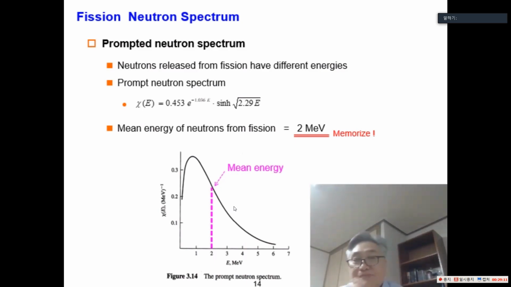So for the fission case, the average energy of fission neutron is 2 MeV, and we will use 0.0253 eV neutron. So we have to slow down the 2 MeV neutron to 0.0253 eV. This is a large number, so we have to slow down. Slow down means, in nuclear engineering terms, moderation. So we need a moderator.